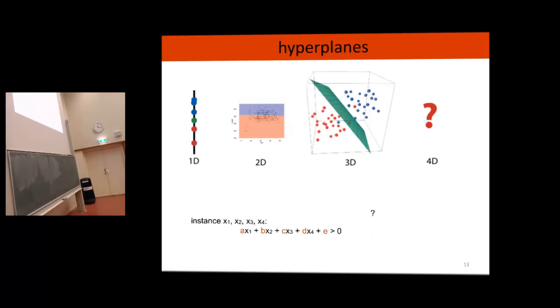So I've shown you this example for two features, two attributes. The attributes age, sorry, this is age, this was height.